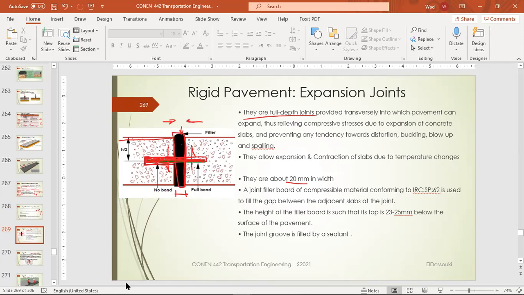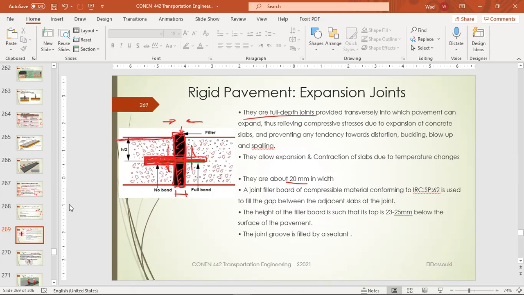When we remove this barrier, we put here a foam layer or a flexible material. Then we put a jacket around this dowel bar with a lubricant. Then we start putting our concrete back here.